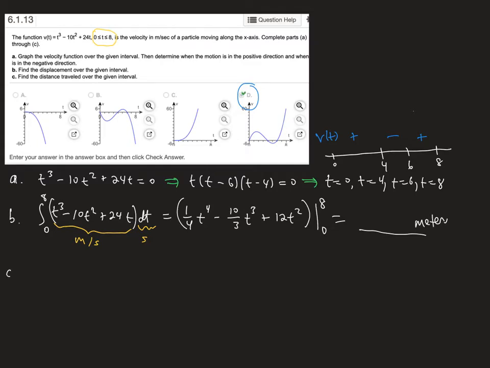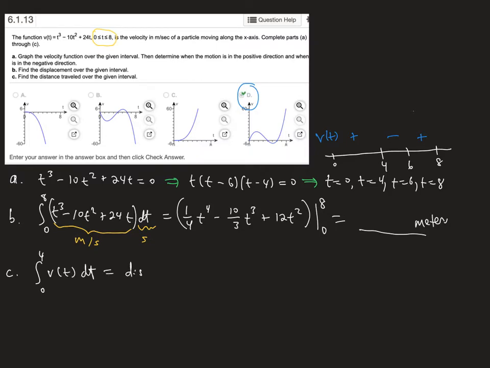All right, so then the total distance traveled is the only tricky thing. And for that, we really want to just break the journey up into the parts that we determined in part A. So if I integrate from 0 to 4, now the reason I'm doing 0 to 4 is because if I look up at my sign chart, the velocity is positive for that whole time.